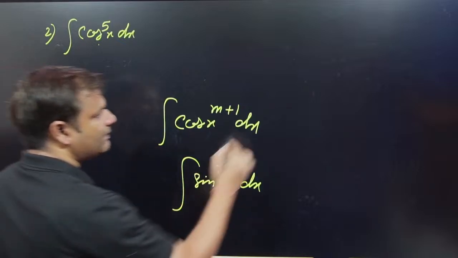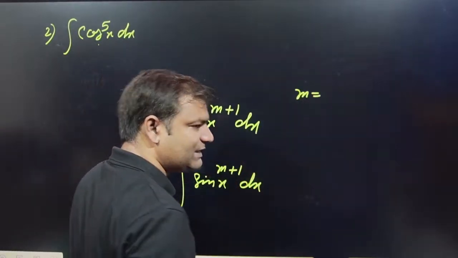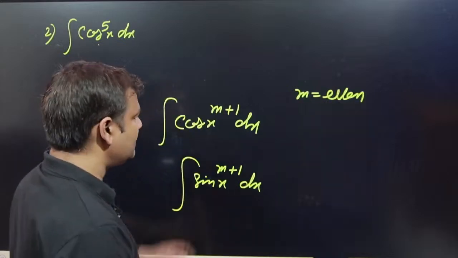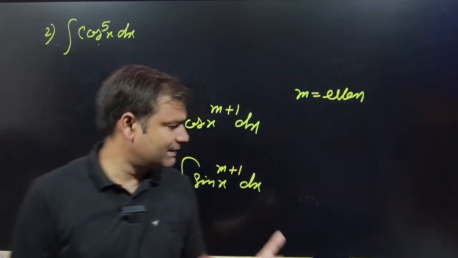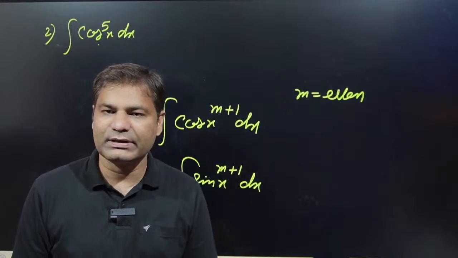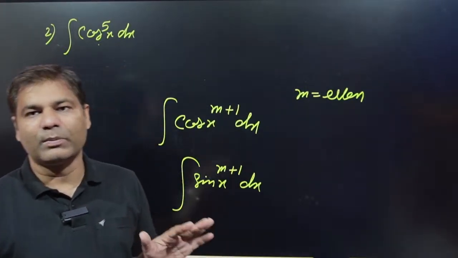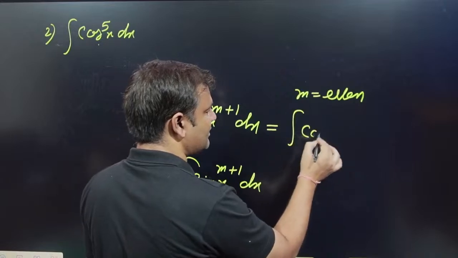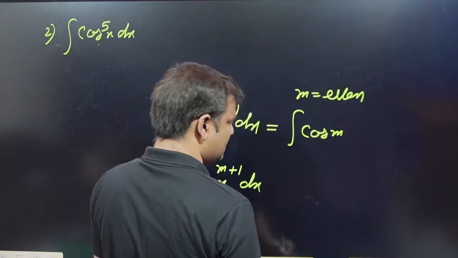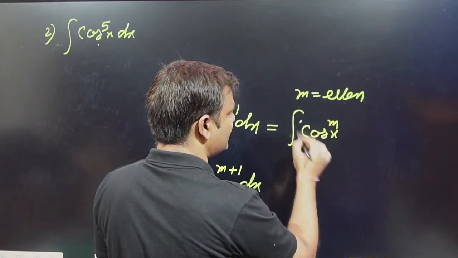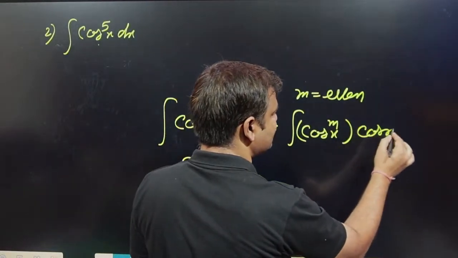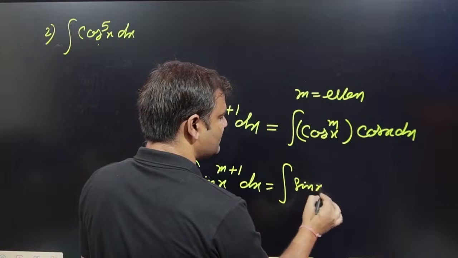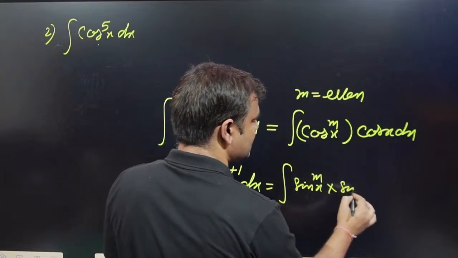Okay, if m is an even number, then m plus 1 is odd, and here m plus 1 is also odd. Clear? So in this type of problem always break this one as cos x to power m into cos x dx, and that one simply as sin x to power m into sin x dx.